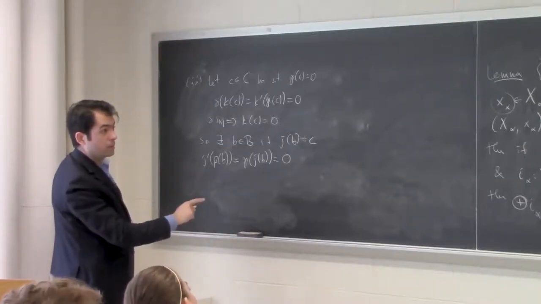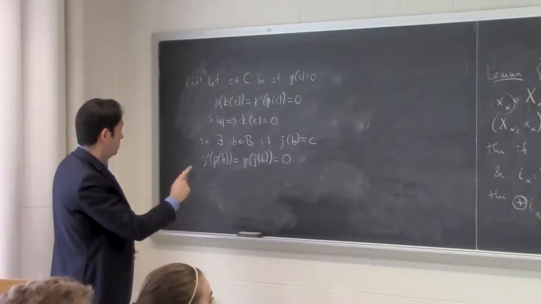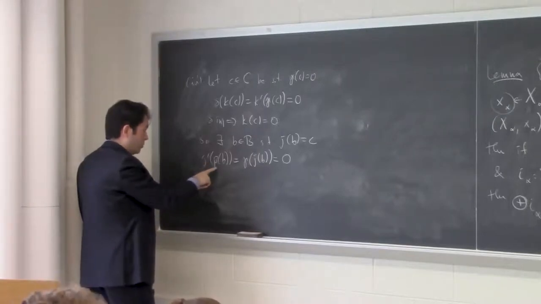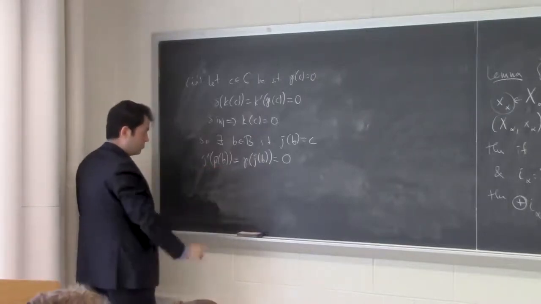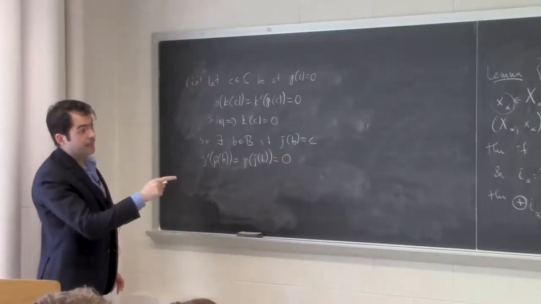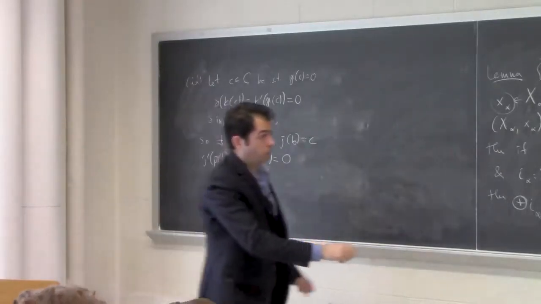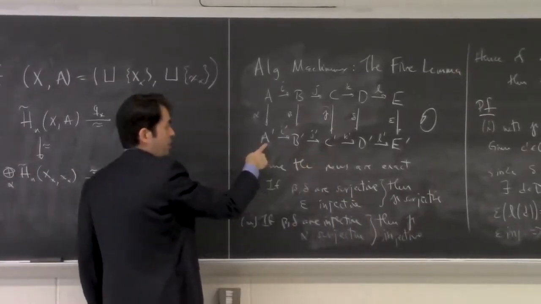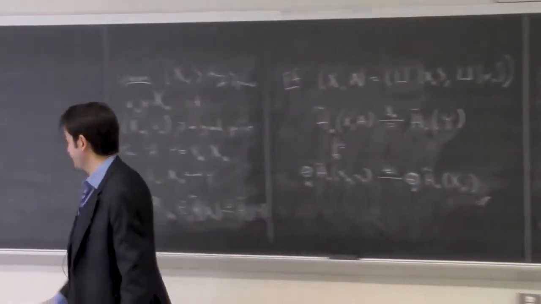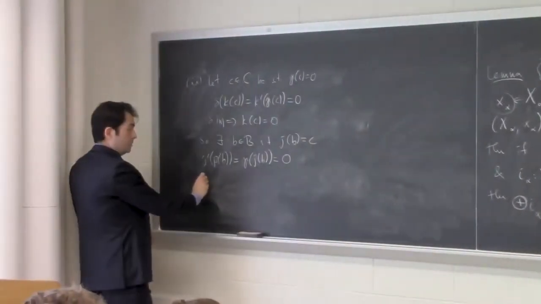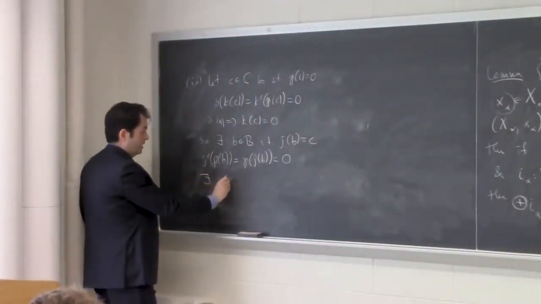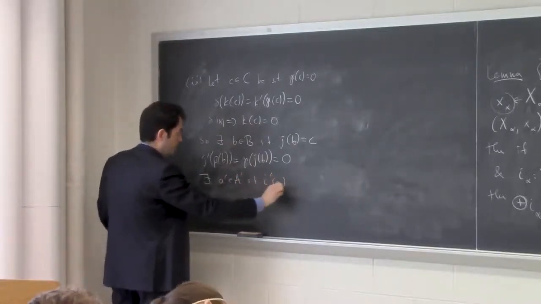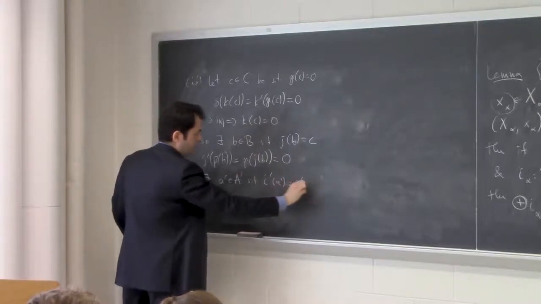Right, that's what we got. Okay. So great. So what this tells us is you have this guy beta of b, and so we're here, and if we go to the right, we get 0. So that means it comes from somebody on the left. So by exactness, there exists a prime such that i prime of a prime is equal to beta of b.